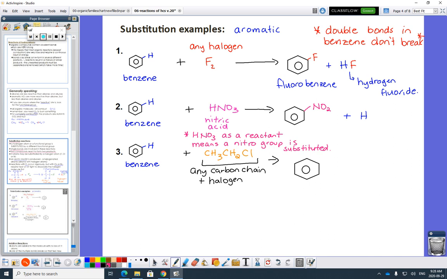Nitric acid is reactive enough to do this kind of reaction, okay? And so when you put nitro as the functional group, you're going to do atom math.